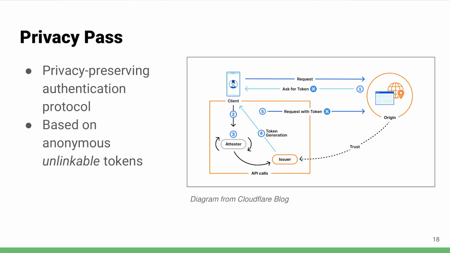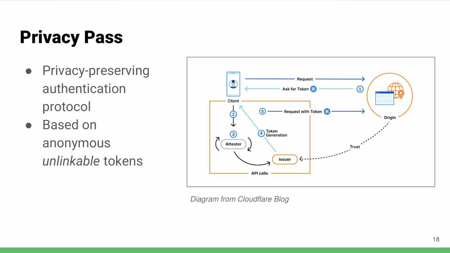And the first component is Privacy Pass. It is a modern privacy-preserving authentication system. It lets clients obtain anonymous tokens that prove legitimacy without revealing the identity of the client. As shown in the diagram, when a client sends a request to the origin server, the origin server can ask for a valid token.